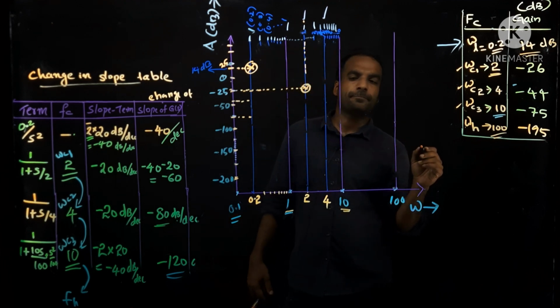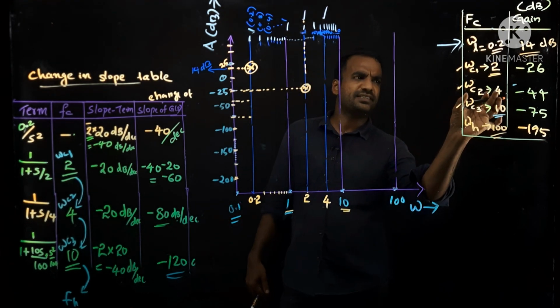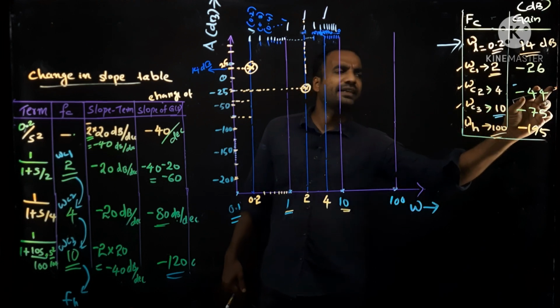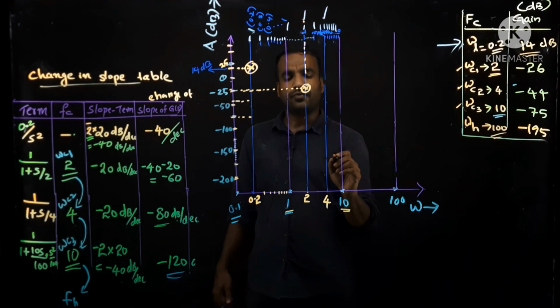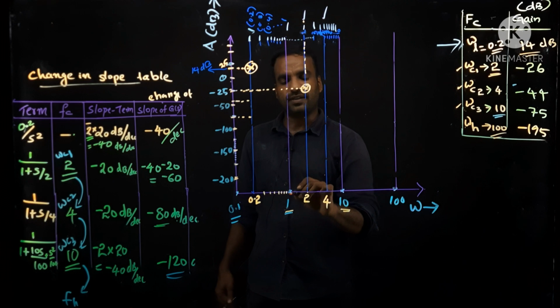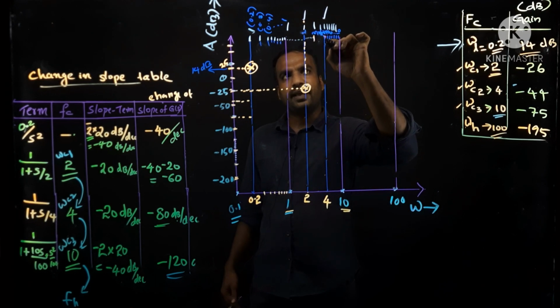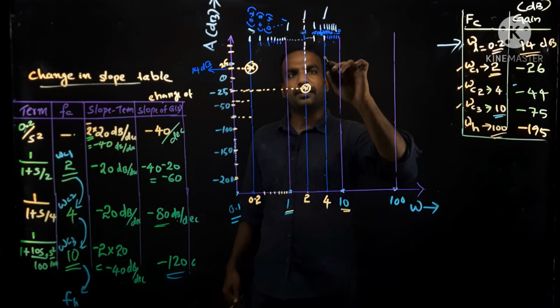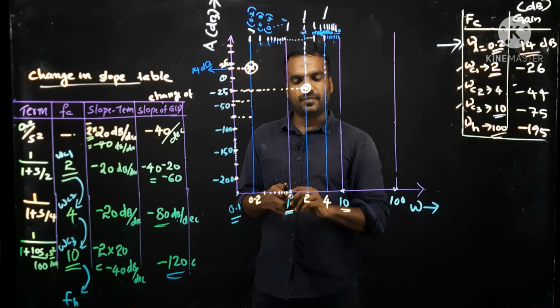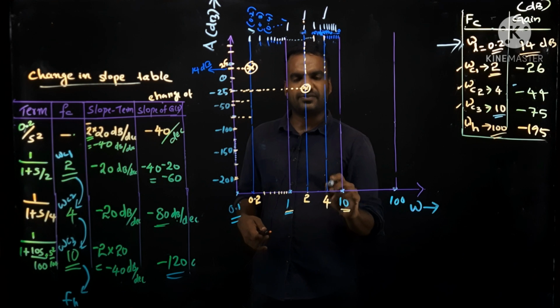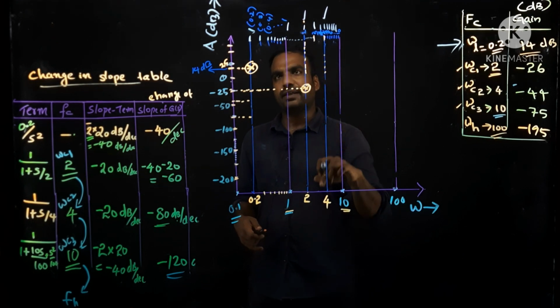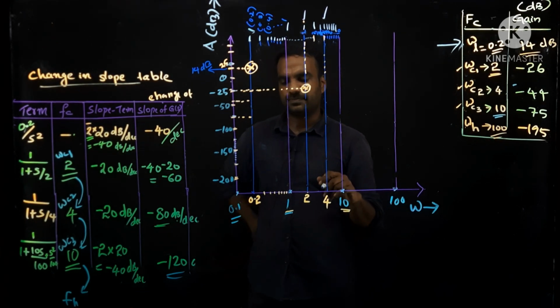Second point is okay. Now, the third corner frequency is 4 and its gain is minus 44. This is 1, this is 10, so the first division will be 2, second division will be 3 and third division will be 4. This is the line of 4. I already marked those points, that's why I used blue ink initially to draw this.